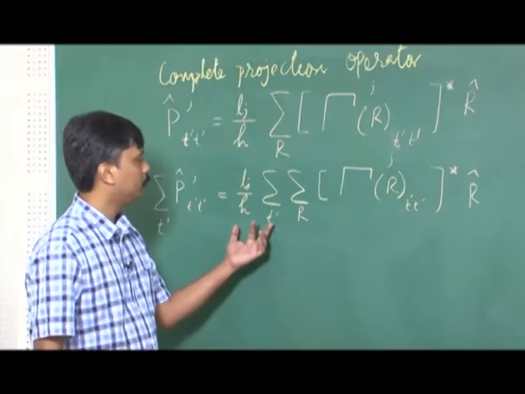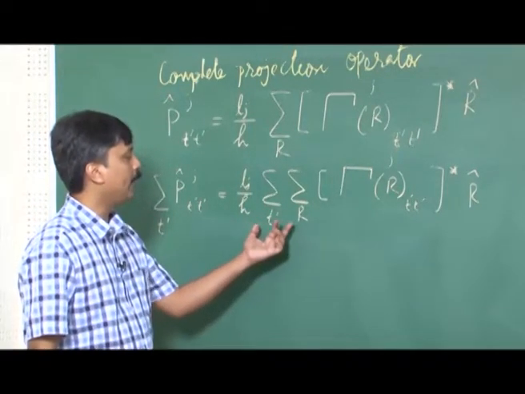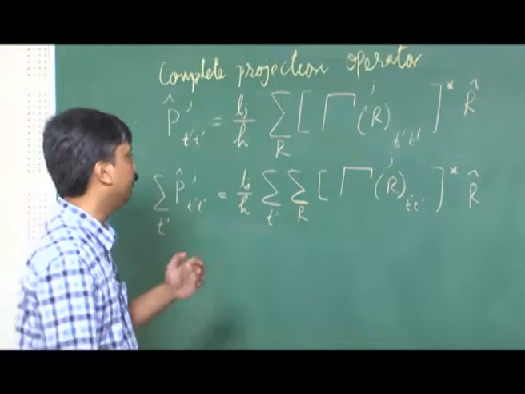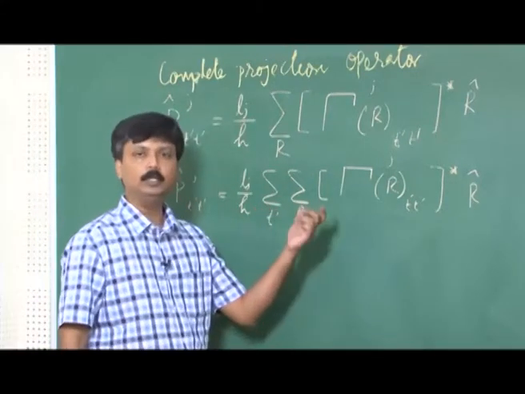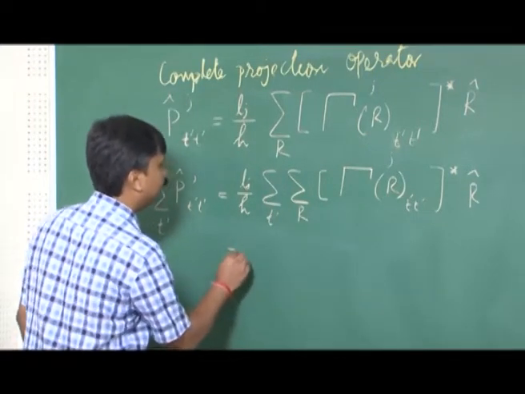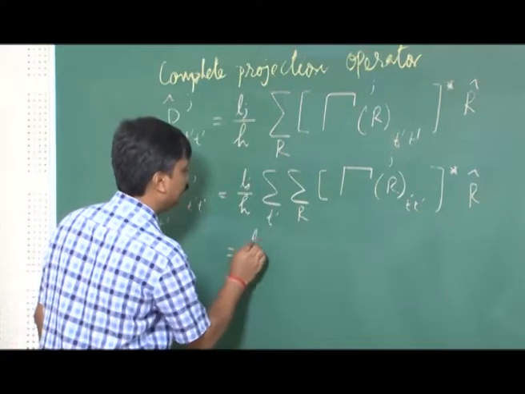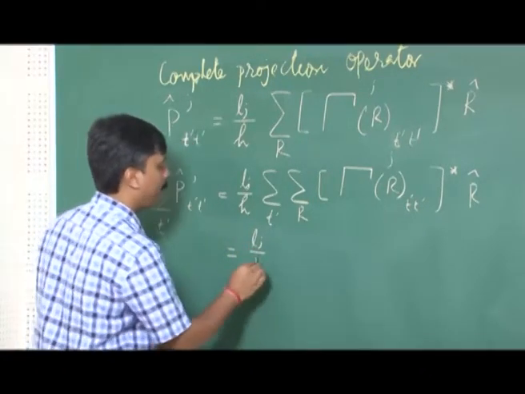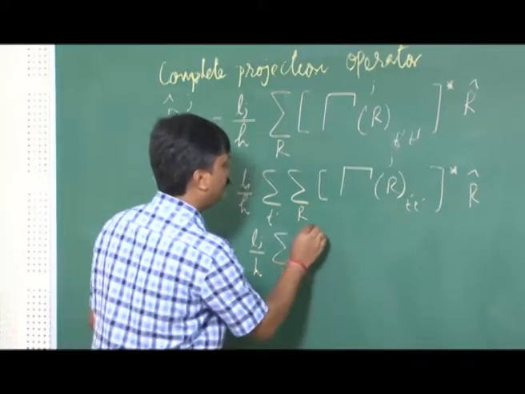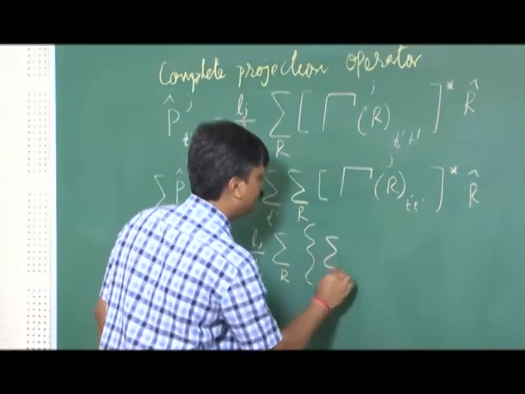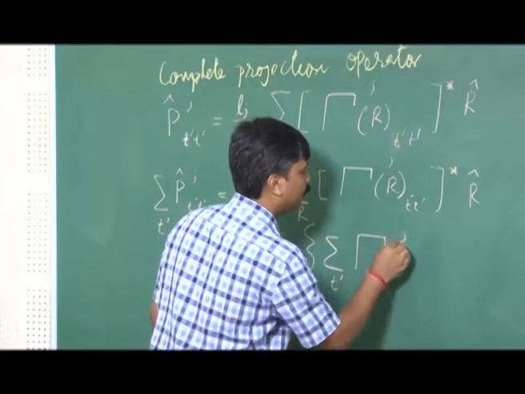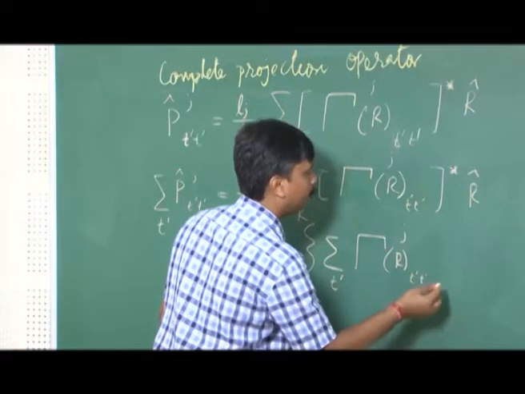Now this matrix element and the symmetry operations have nothing to interfere with each other, so you can interchange the position, you can swap the position. So you can rewrite this as Lj by H, sum over R, and then separately sum over T prime of this, okay.